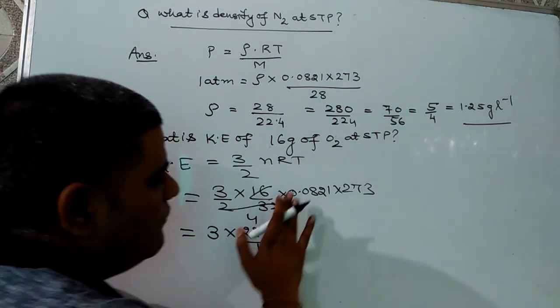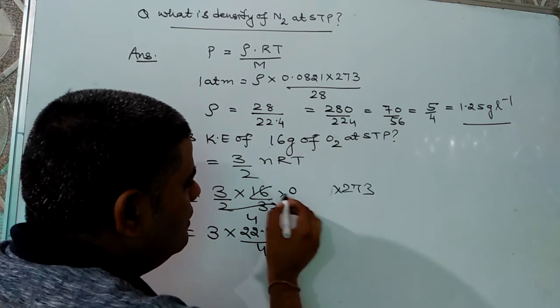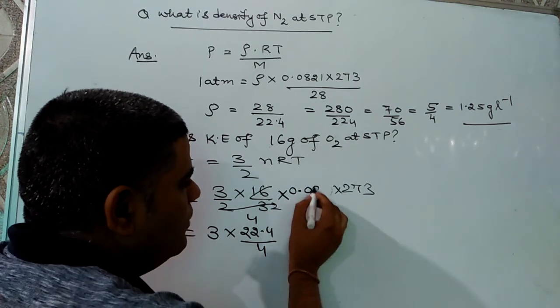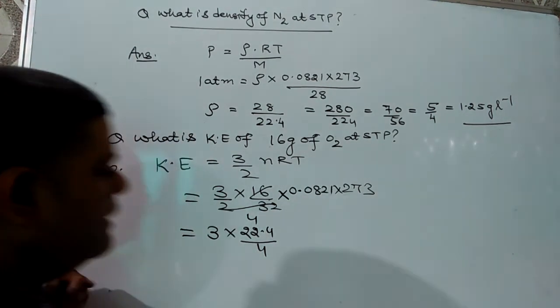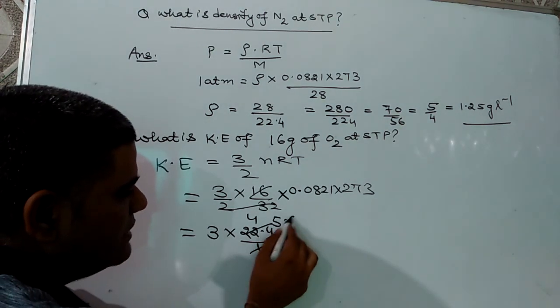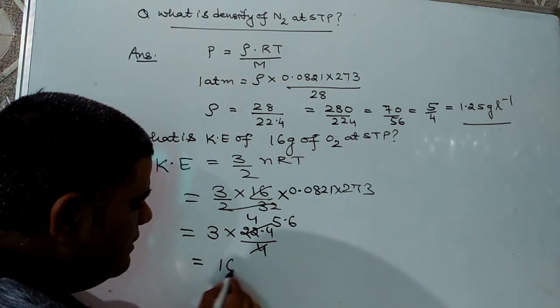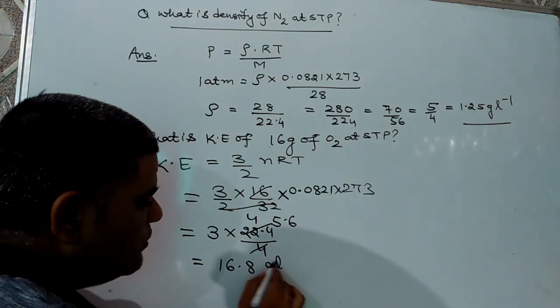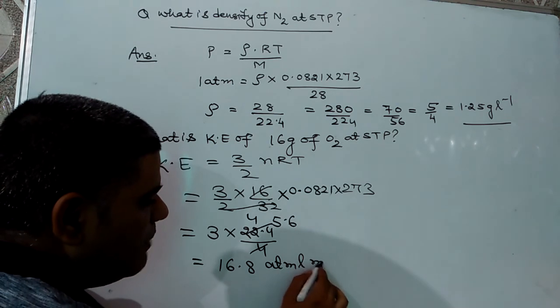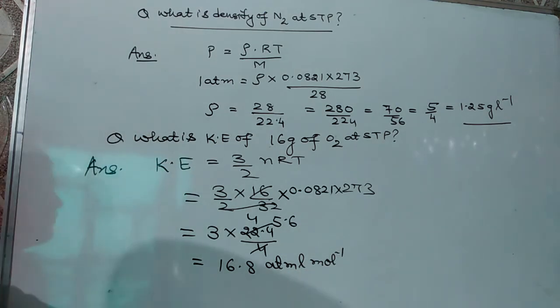Sorry, we need to take 0.0821. Okay, now it comes out to be 5.6. 3 into 5.6 comes out to be 16.8 atmosphere liter per mole.